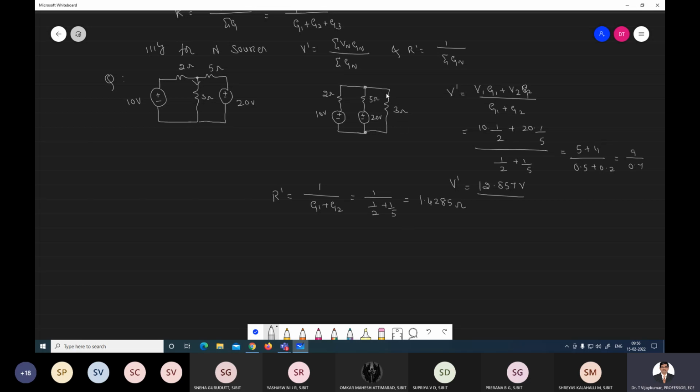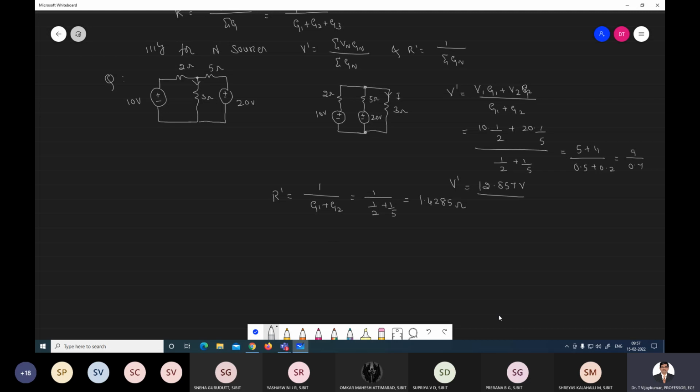Then you have to find out the current flowing through the load resistance, I. Write the circuit after simplification according to Millman's theorem.